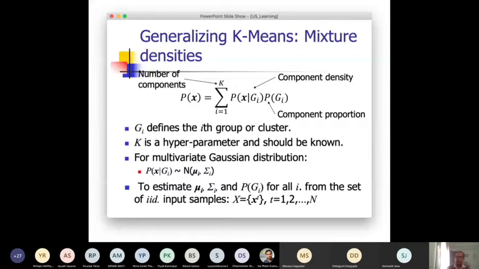So what are the parameters here? If you have k density functions, for each density function you have its corresponding expectation mu and corresponding covariance sigma, and then of course what we sometimes call the prior, which is the probability of having the density functions.